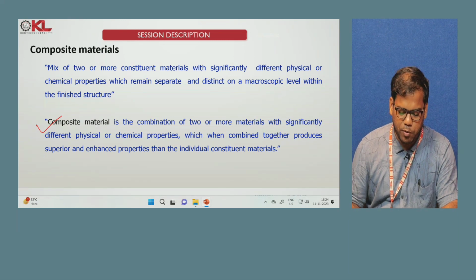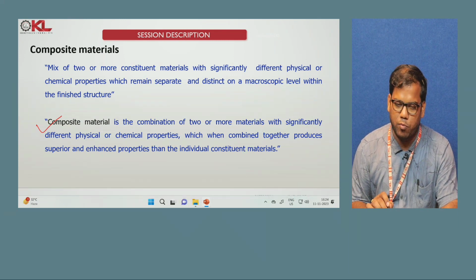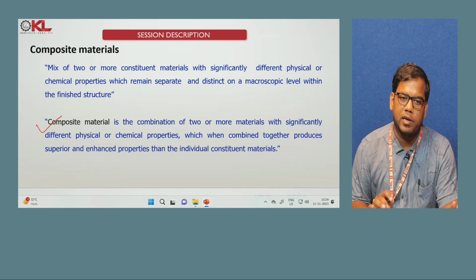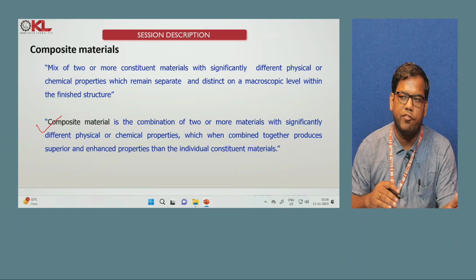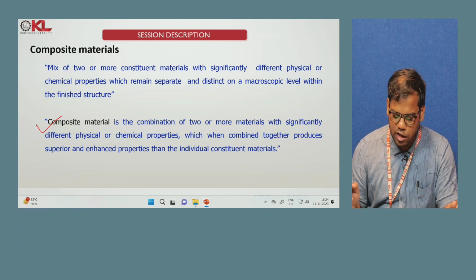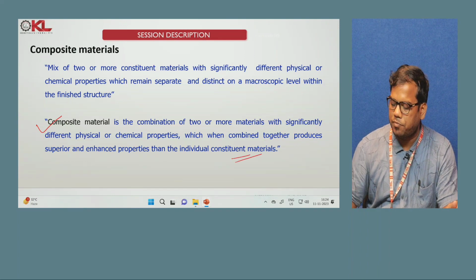So, in simple words, it is a combination of two or more materials. Those materials should be different in physical and chemical property, which when combined should give enhanced property than its constituent material.